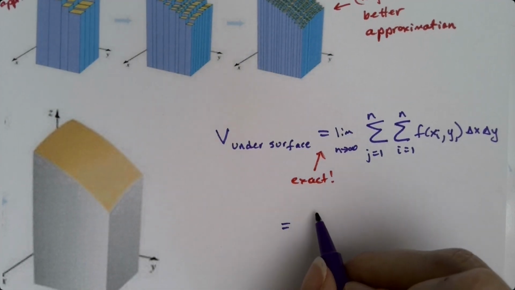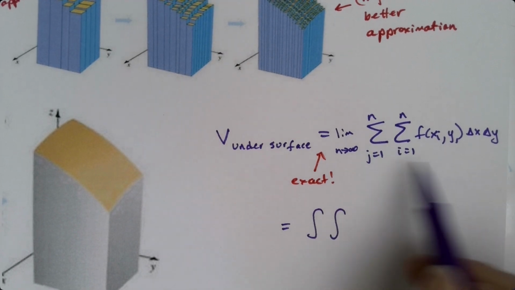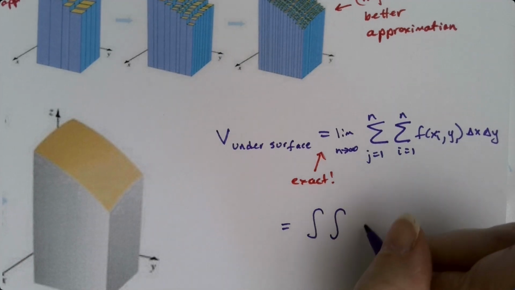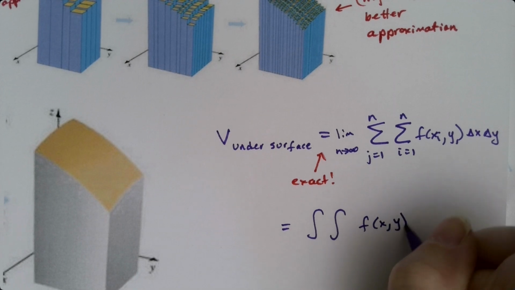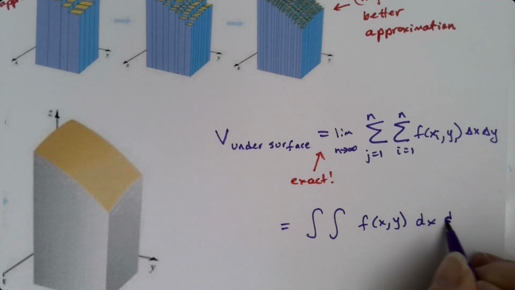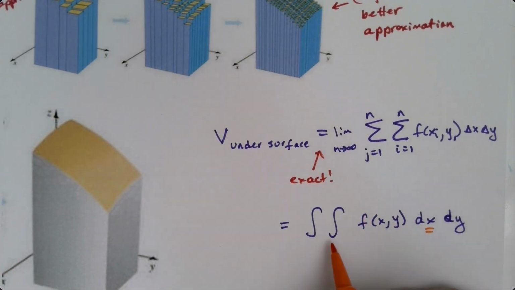So how would that work? Well, the integral, you'd have two integrals, right? We don't usually write it this way, of course. We write it with the integral sign. So the integral is saying, hey, take your function and integrate it with respect to x and then with respect to y. X will have particular values. So you put x on the inside, and so that goes with this symbol here.